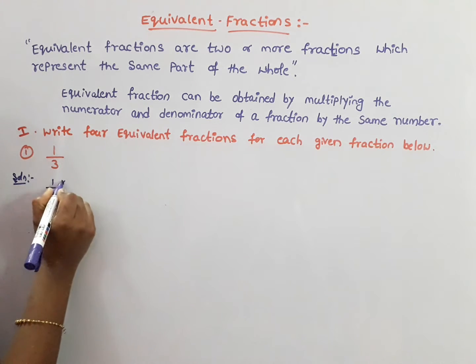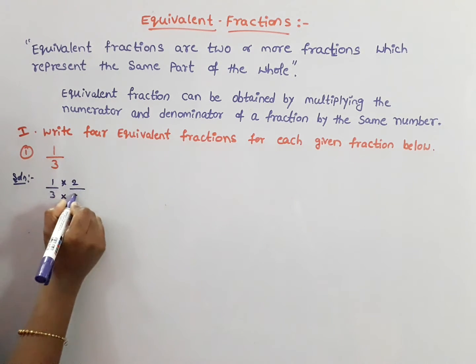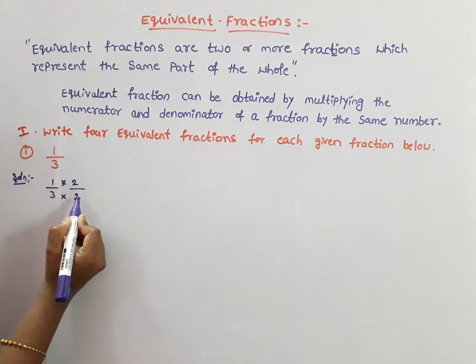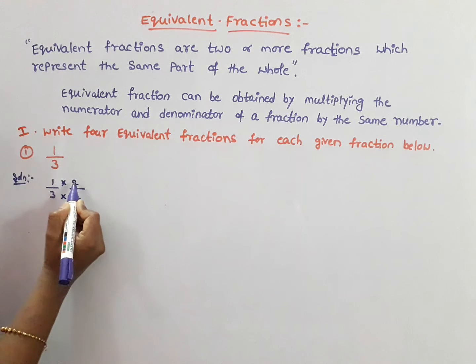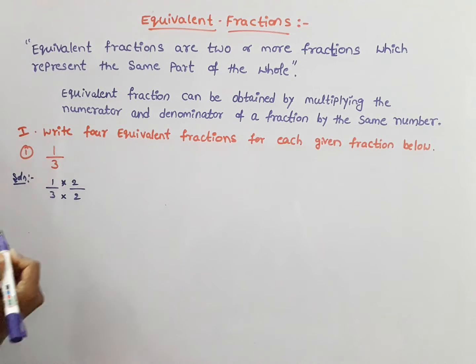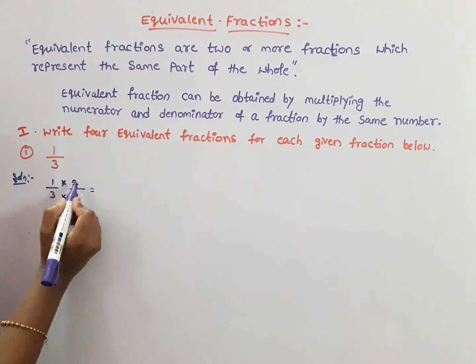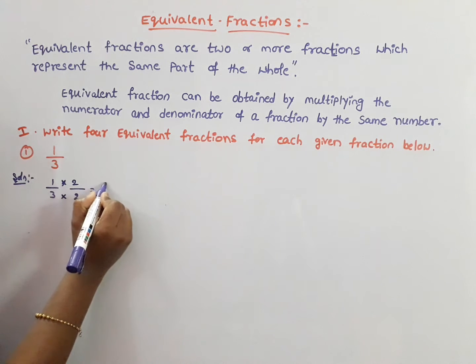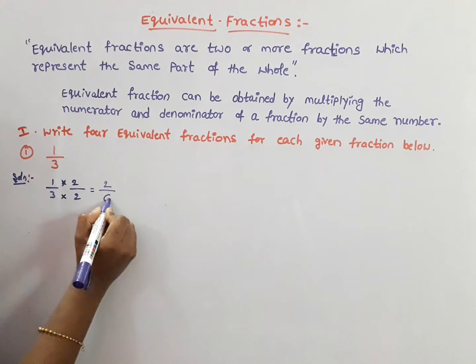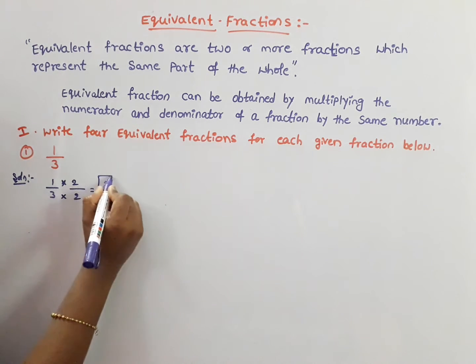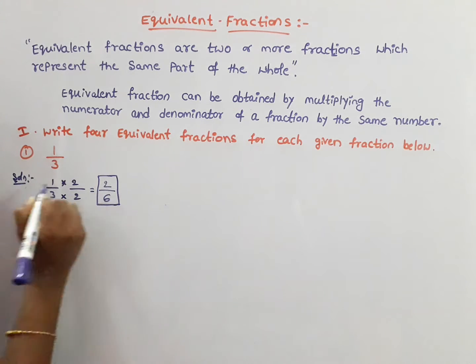So now multiply with 2, the same number. And students, don't multiply with 1 because we will get the same fraction. So multiply with 2 now. 2 ones are 2, 3 twos are 6. This is the first equivalent fraction of 1 by 3.